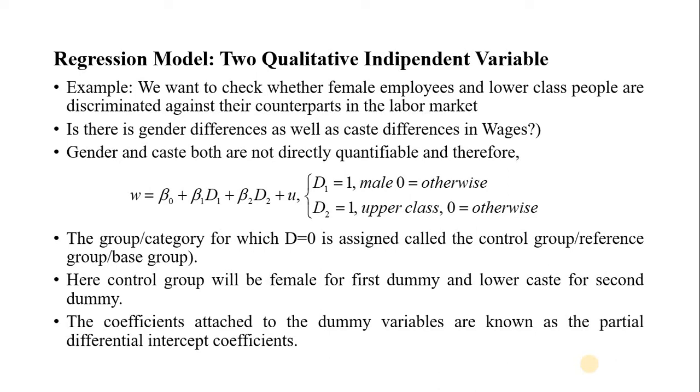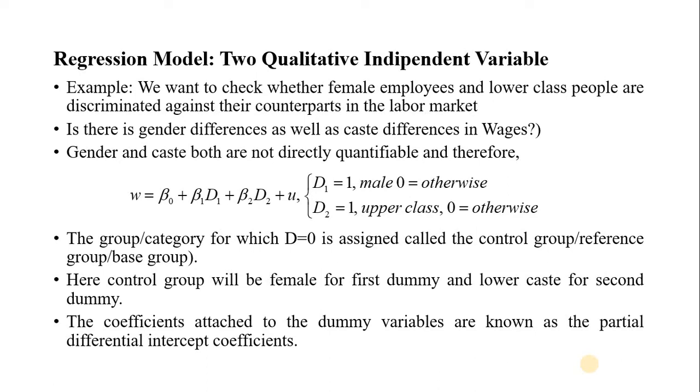Today I am going to make a refinement in our model. What we have learned is that W equals beta 0 plus beta 1 dummy plus error term.